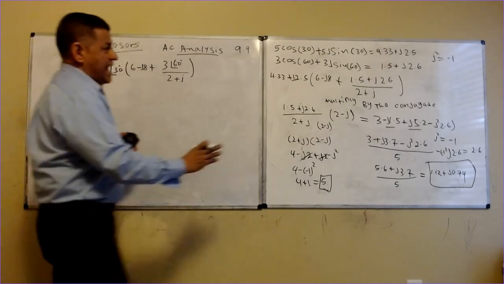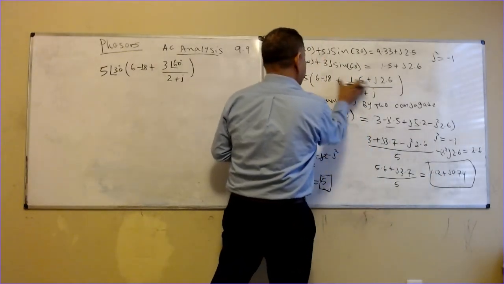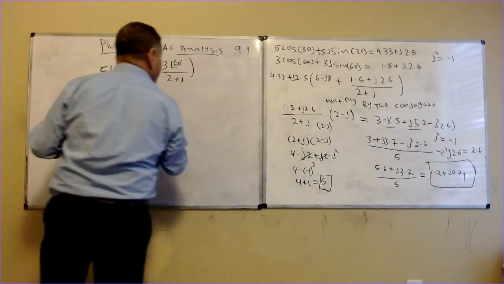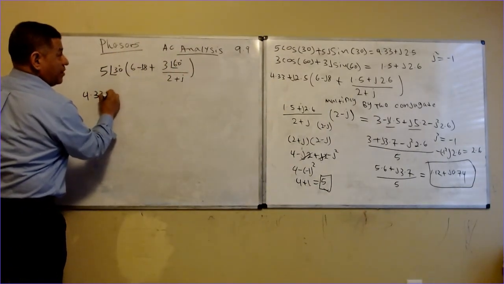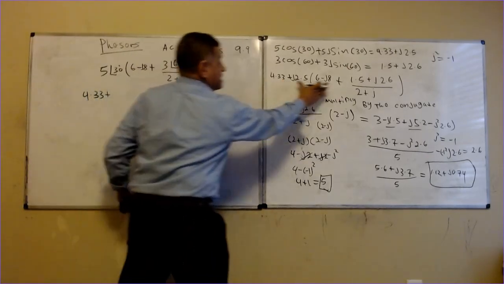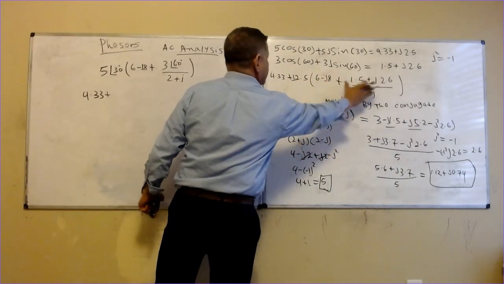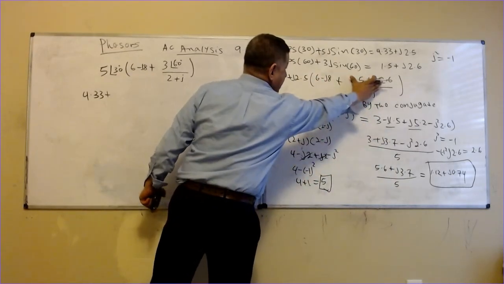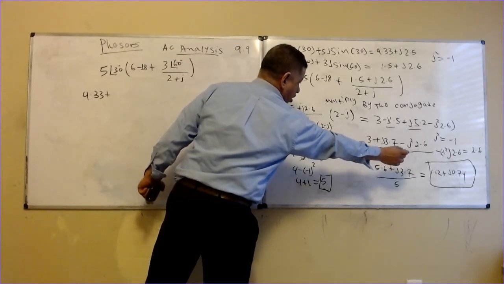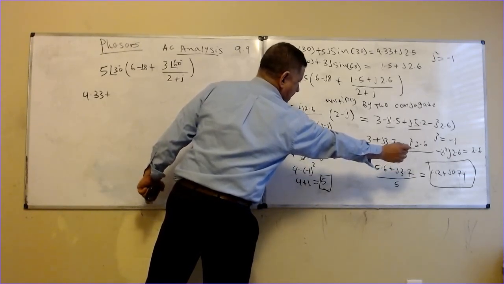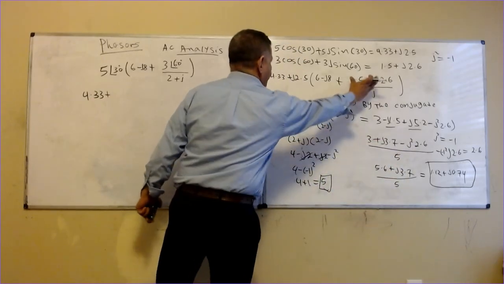Now I simplified this piece, which becomes that, and I can put it right here. So now I can do 4.33 plus, bringing this in, instead of having this mess right here, I'll put that 1.12 plus J 0.74 right there.